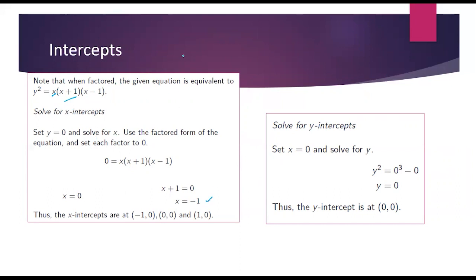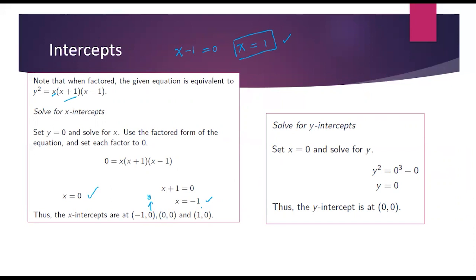And then if you have x minus 1 equated to 0, you have x equal to positive 1. Therefore, there are 3 coordinates for your x-intercept. I have negative 1, 0, because your y here is set to 0, and then you have 0, 0, and then we have 1, comma 0.